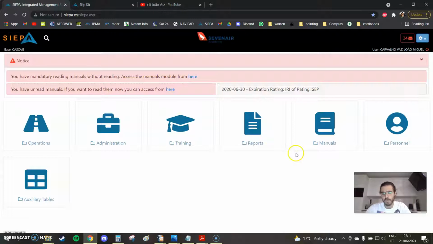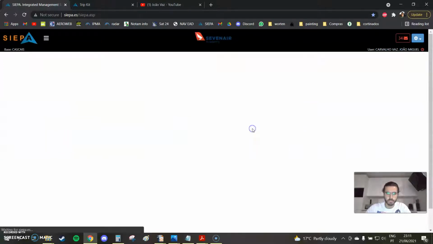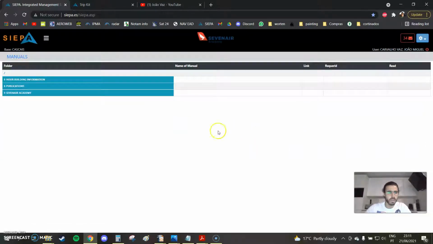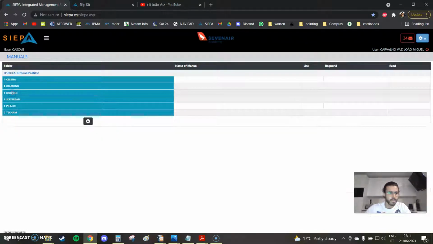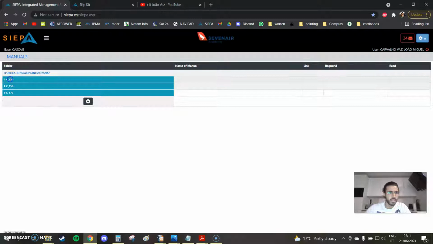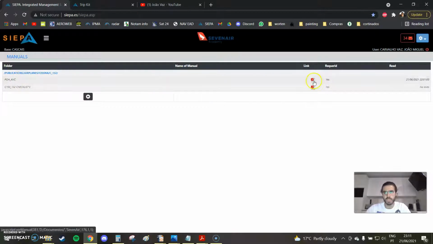But if you don't have the aircraft flight manual and you have SEPA access, which is our program to check for manuals and everything, you'll just need to come here, manuals of the school, and you'll go for publications, airplanes, and then in our case Cessna 152, and you have here the POH, just download it.